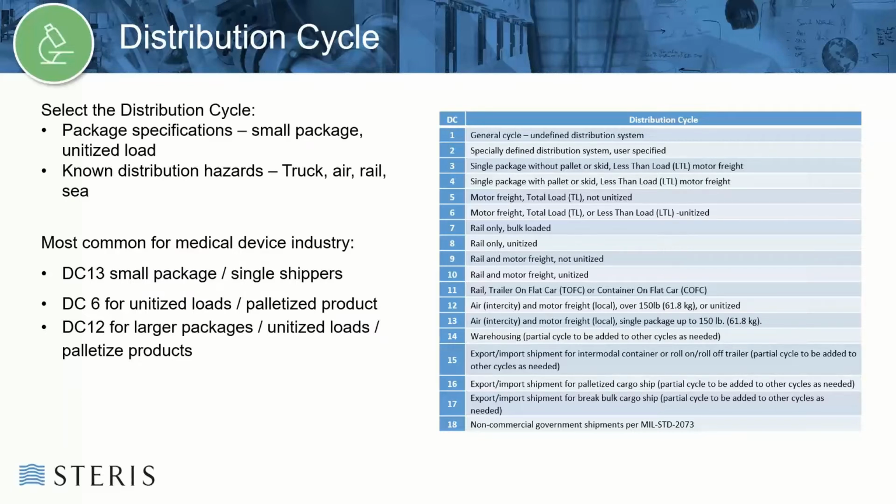So whether it goes by truck, air, rail, and or sea. In the medical device industry, distribution cycle 13 is the most common for single packages. And then cycles 6 and 12 are the most common for larger packages or palletized loads.